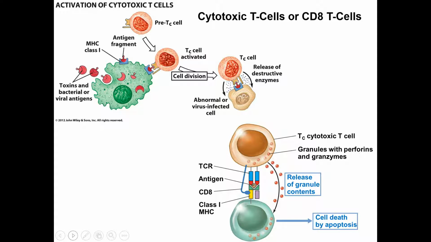Alright, so here are cytotoxic T cells. The cytotoxic T cells are interacting with virally, bacterially infected host cells. And these host cells are displaying on MHC class 1 these particular antigens.